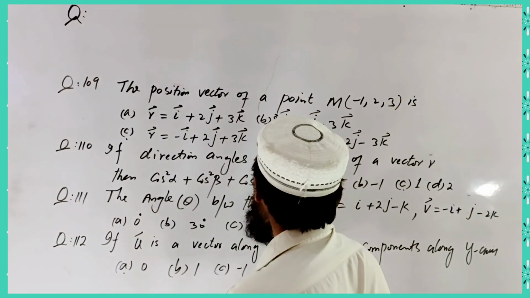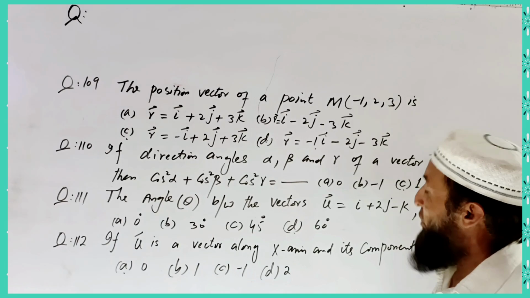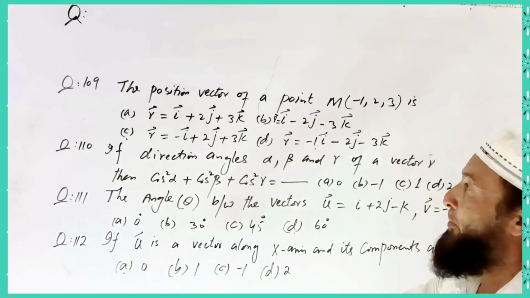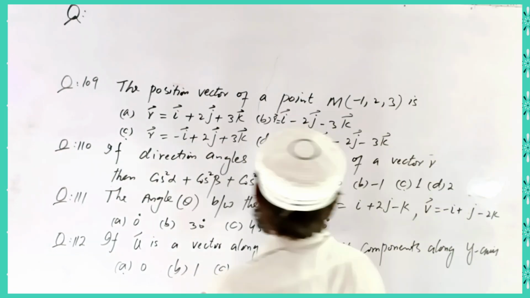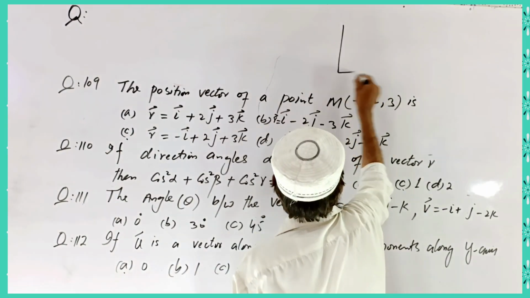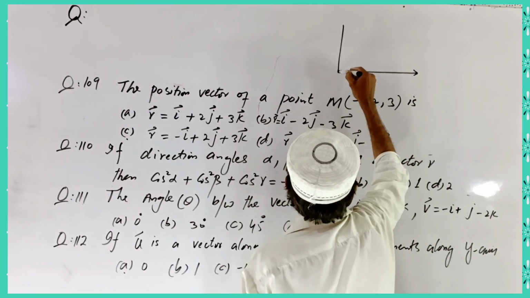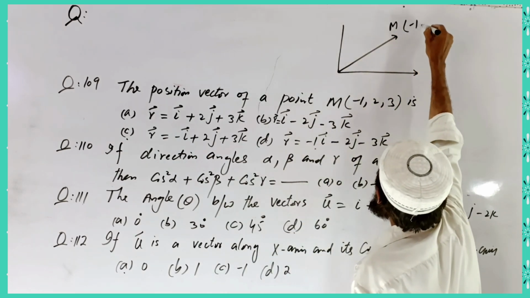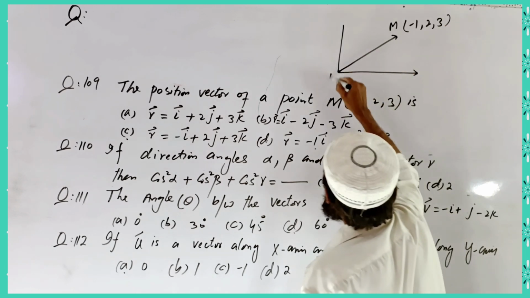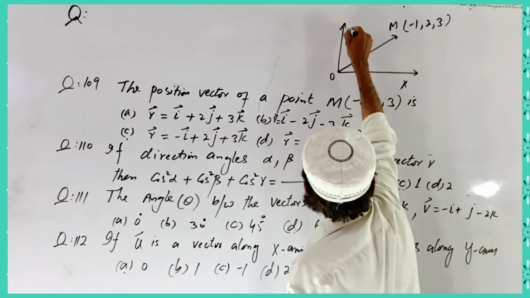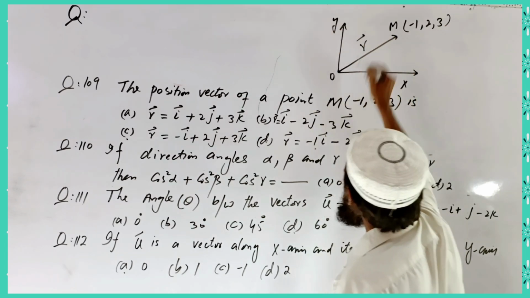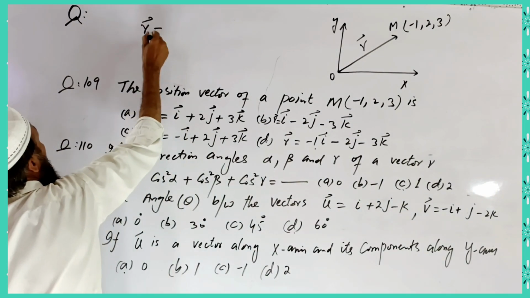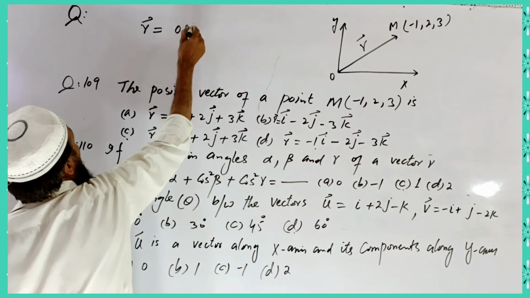So the point is, what is the position vector? The position vector is the vector that starts or passes from the origin. So that is the position vector. Here point M is given as -1, 2 and 3. This is the position vector on the x-axis and y-axis. R is the position vector. So if we are finding it, R is the vector OM.